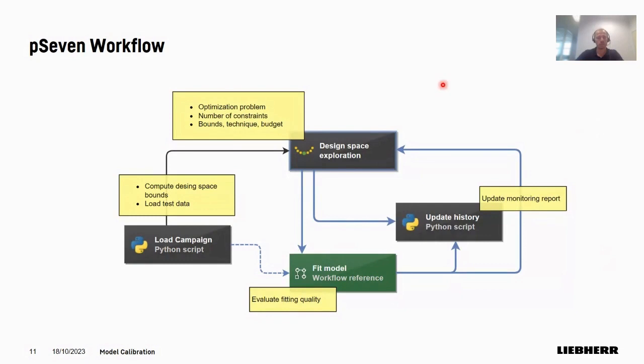So what we have implemented is a classical optimization inside P7. We have this design space block here to define the bounds and the objective and constraints. We have the fit model, which captures the business rules, so how to compute the errors for each profile.